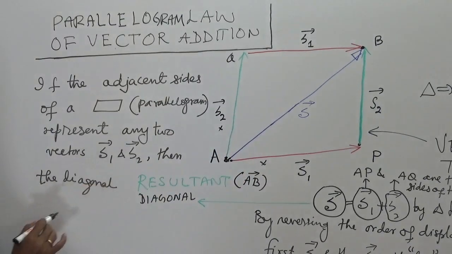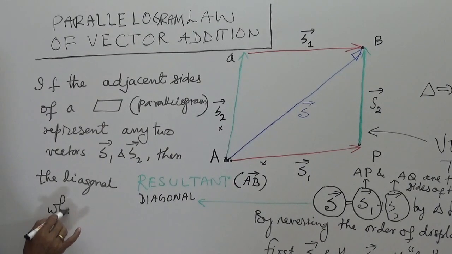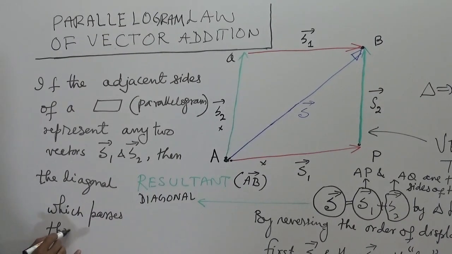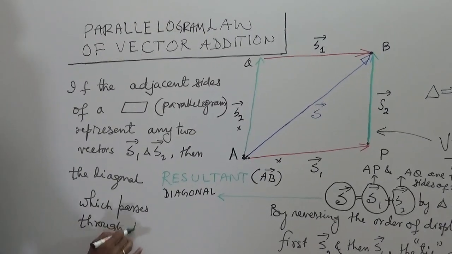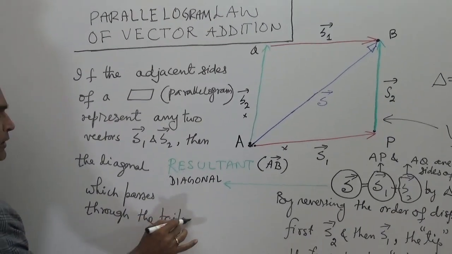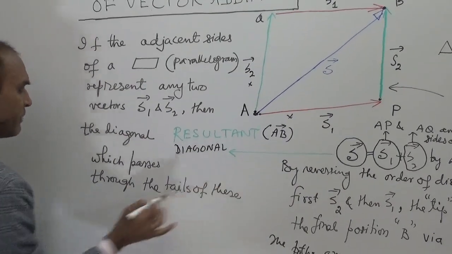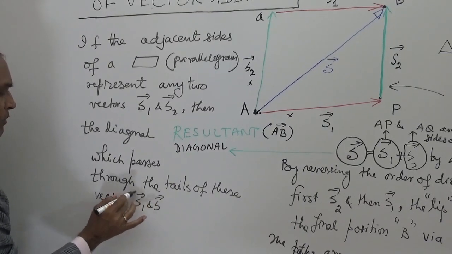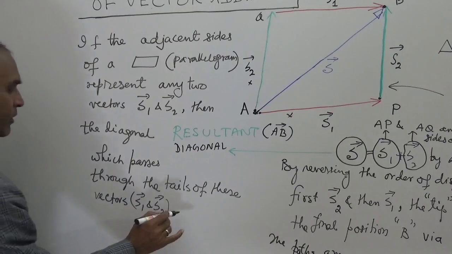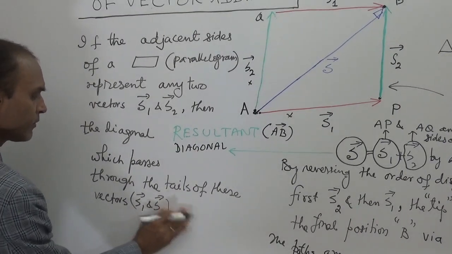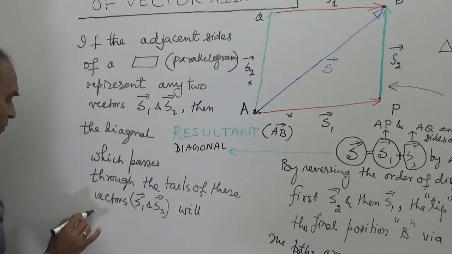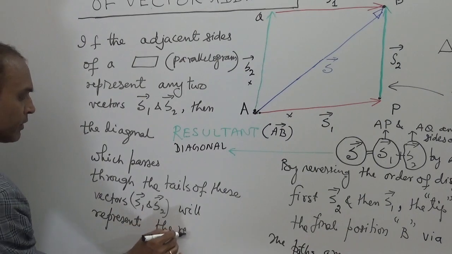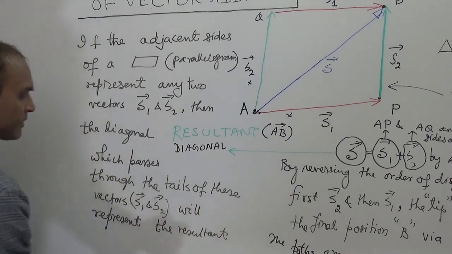The diagonal which passes through the tails of these vectors S1 and S2 will represent the resultant of these vectors.